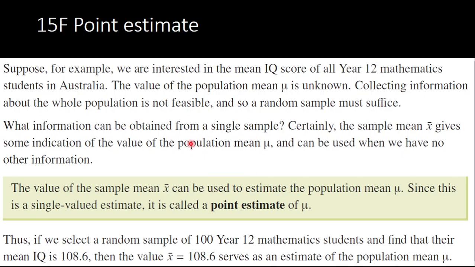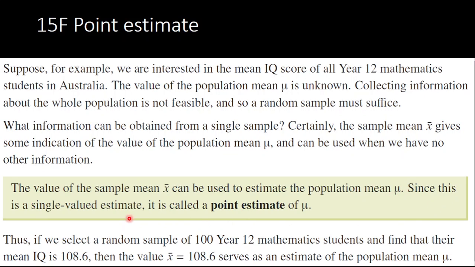If you take a single sample, the sample mean will give you an indication of the value of the population mean mu, which you don't know. Okay, so again, the value of the sample mean can be used to estimate the population mean mu.